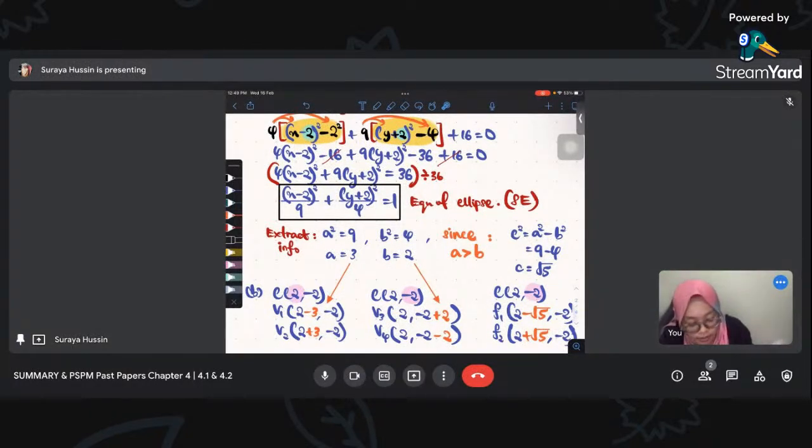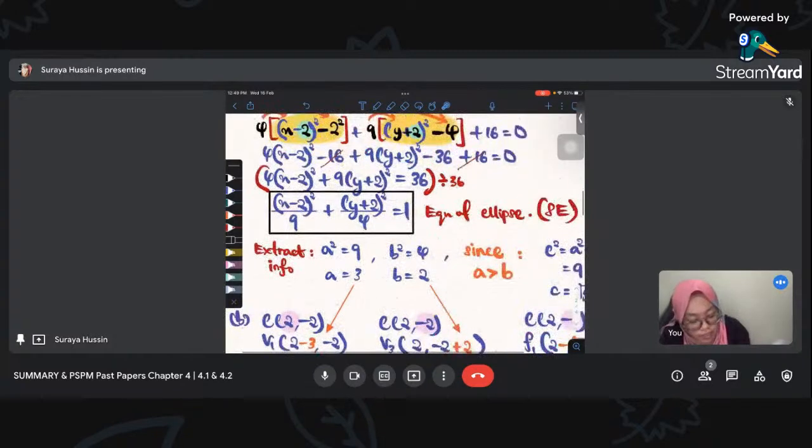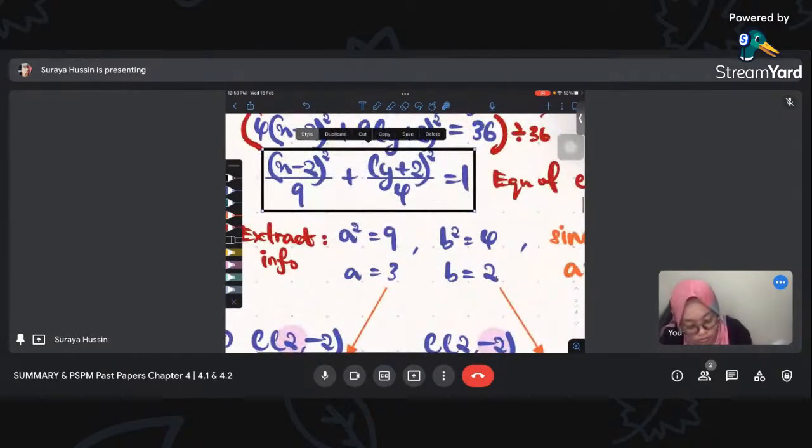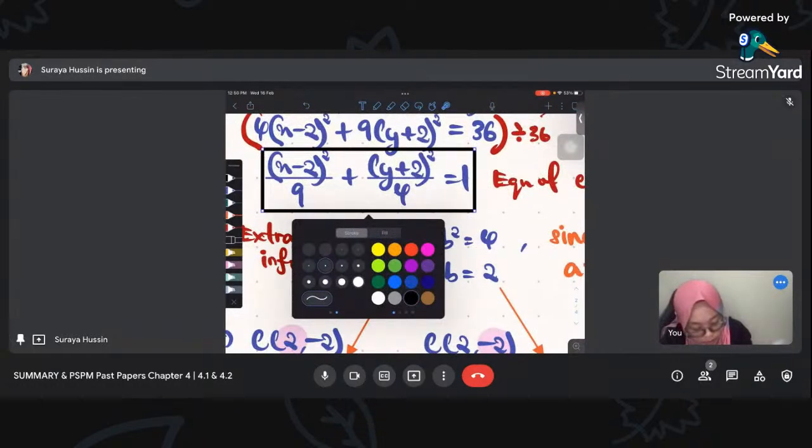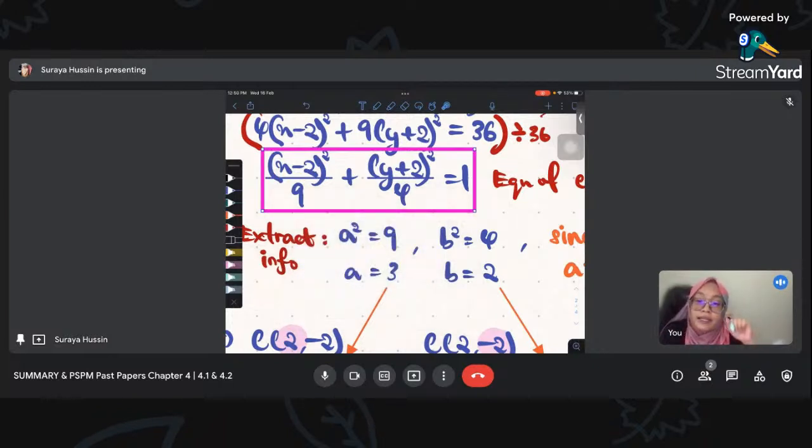Sekarang ni, daripada equation of ellipse, maybe I should tebal. Okay, pink lah. So, warna pink dekat sini menunjukkan dia sangat penting, sebab dia boleh bagi kita info. Info apa?